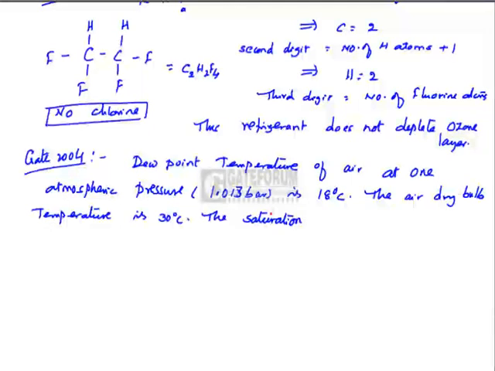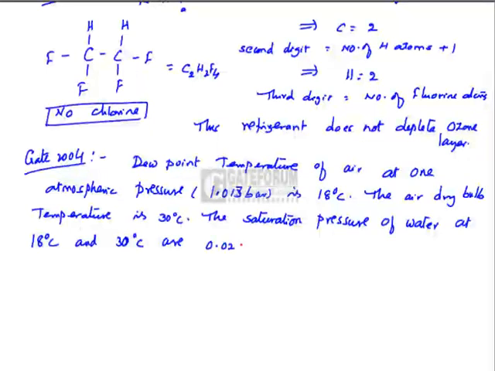The saturation pressure of water at 18 degrees centigrade and 30 degrees Celsius are 0.02062 bar and 0.04241 bar respectively.